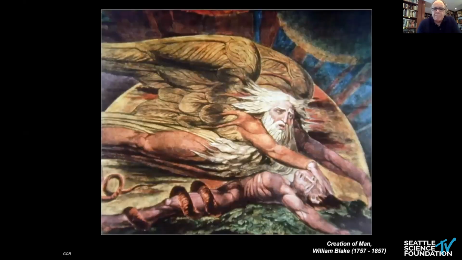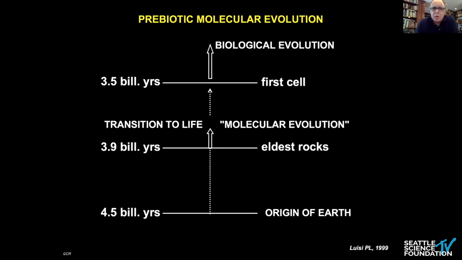Well, as you know, the creation of man was not so miraculous as here beautifully painted by William Blake. According to our current knowledge, it took 1 billion years for the first unicellular element to appear.